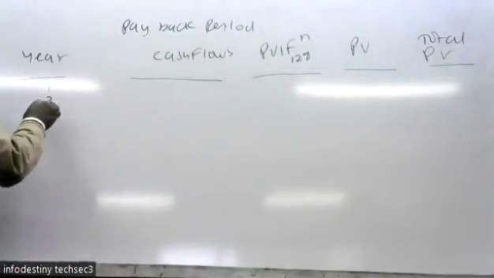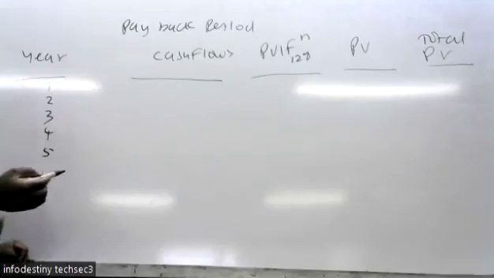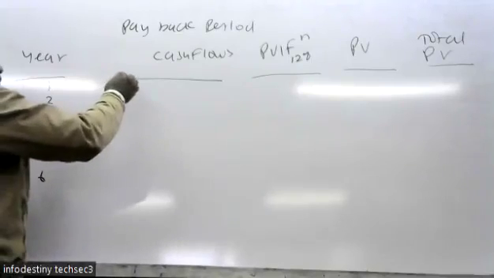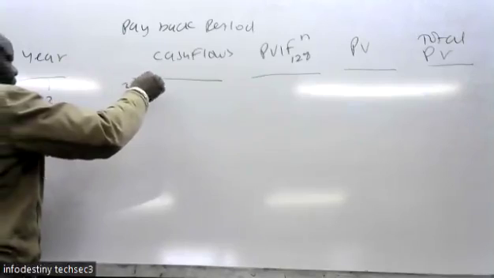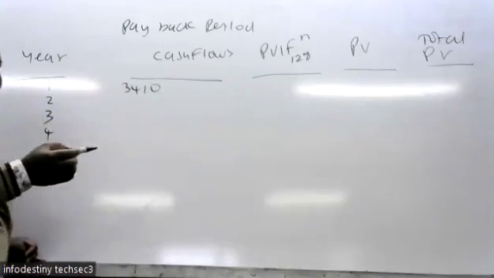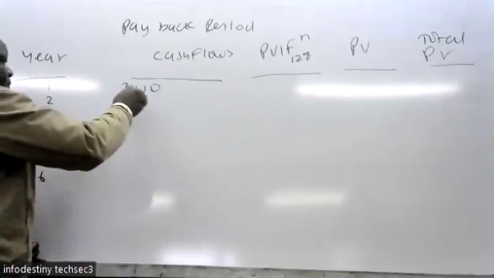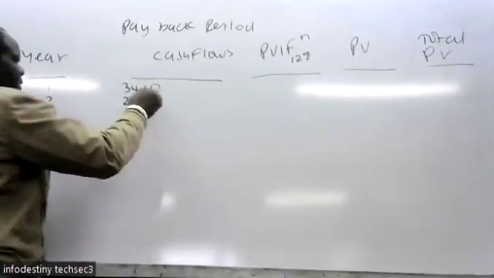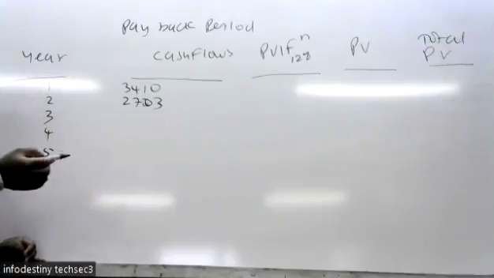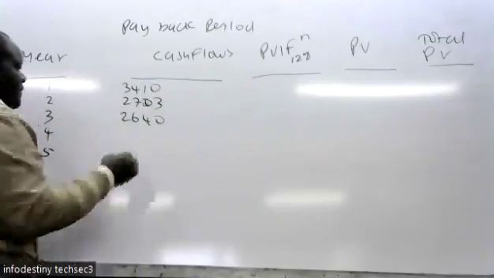Year 1, 2, 3, 4, year 5, up to year 6. So year 1 cash flows were how much? 2410. Then year 2, 2703. How about year 3? 2640.